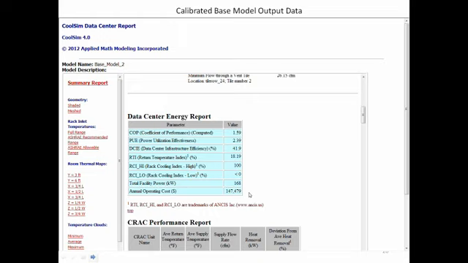So during the setup of the CoolSim model, you have the opportunity to enter information into the model about either readings or assumptions you're making associated with this data center, such as cost of electricity, and it will calculate these metrics for you. So it's a nice way to get away from hand calculations and have it be done by the program so that you can present it like this to your boss, your friends, your customers, whoever.